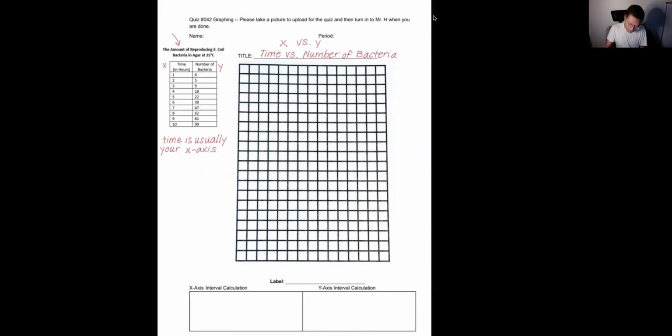So that means on the bottom, I'm going to put time in hours. And then this means that my y-axis will be number of bacteria.